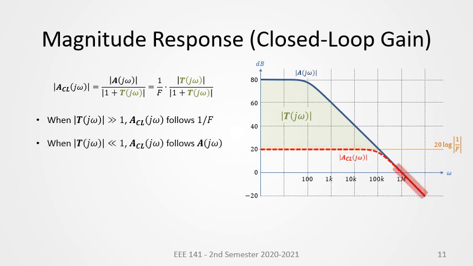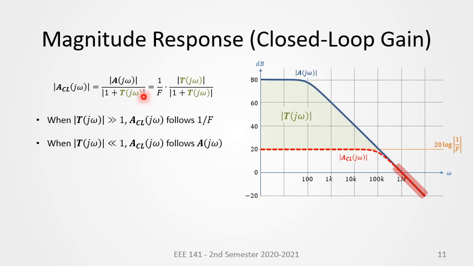However, when the magnitude of T of j omega is much less than 1, or 0 dB, at the portion where the 1 over f line is now above the blue line, or the A of j omega line, then the closed loop gain, magnitude of ACL, simply now follows the blue line, or A of j omega.